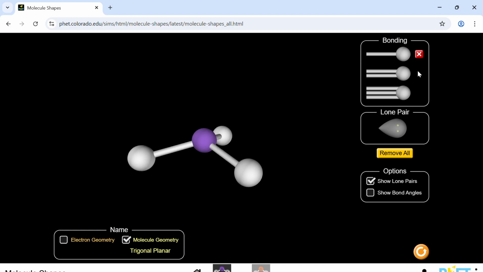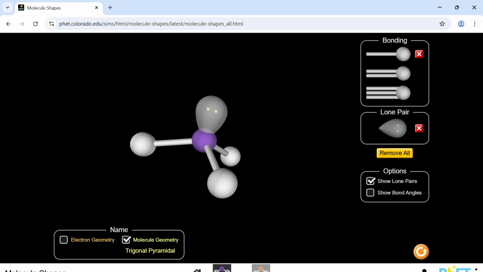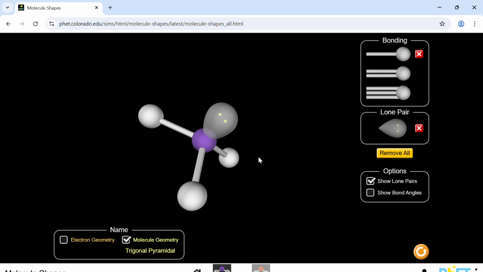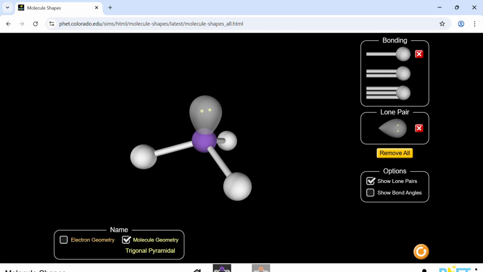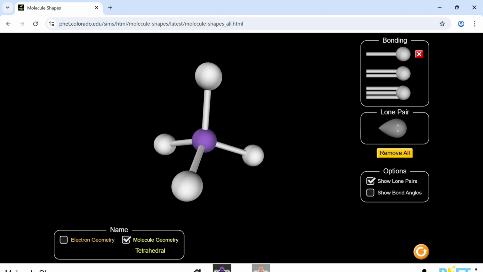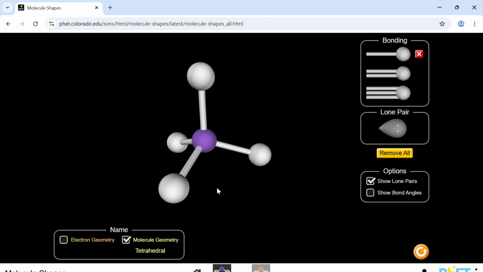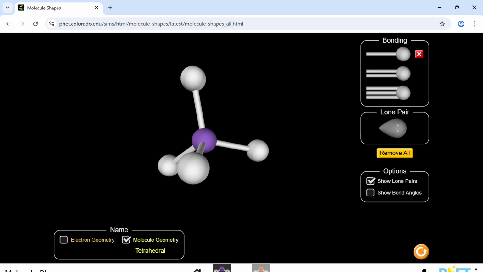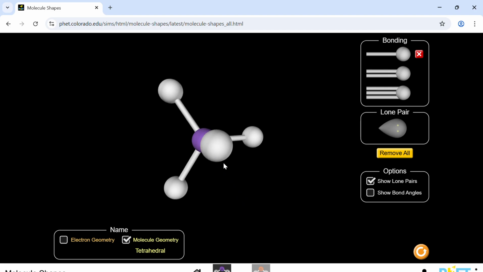So if we delete this top one and add a lone pair, structurally, if we include the lone pair, they're all tetrahedral, just like this. And one characteristic of a tetrahedral shape is that no matter how we rotate this model, it will always look exactly the same.